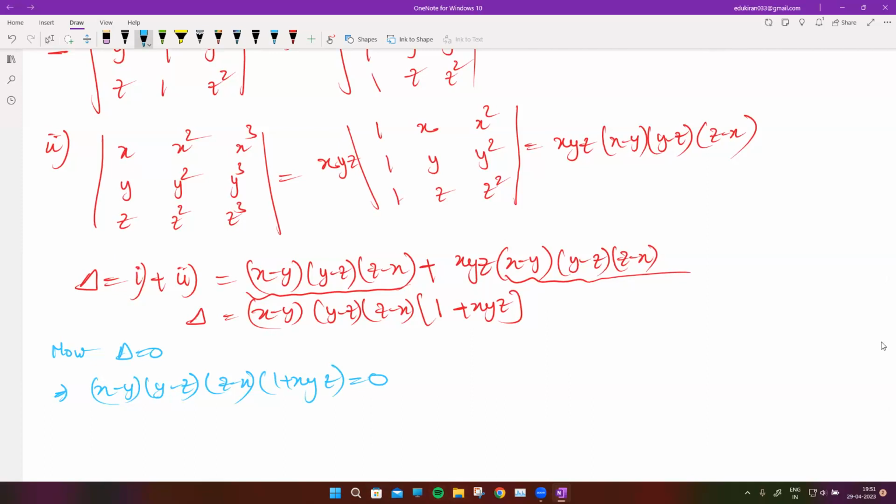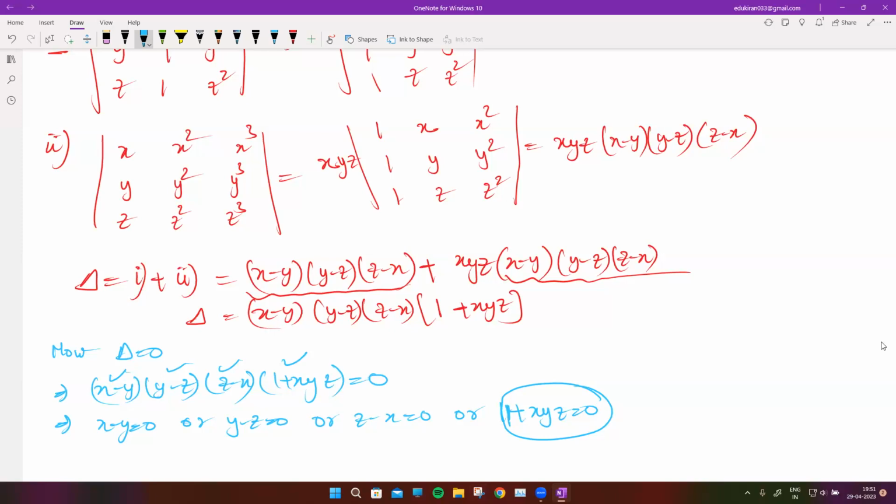This whole expression has to be equal to 0. If this whole expression is 0, either x minus y is 0, or y minus z is 0, or z minus x is 0, or 1 plus xyz is equal to 0. There may be multiple zeros as well, but one must be 0. But we have to prove that this is the part which is definitely 0.